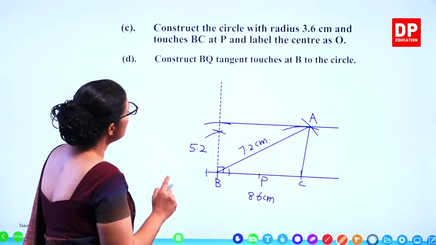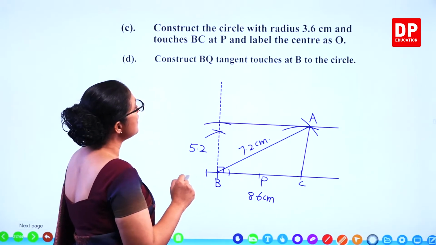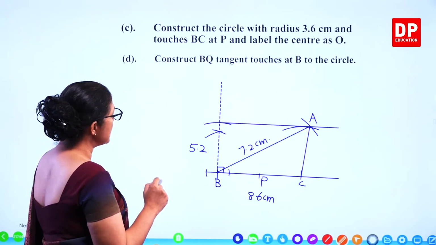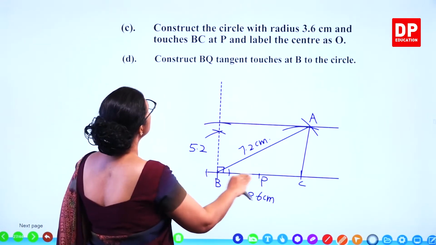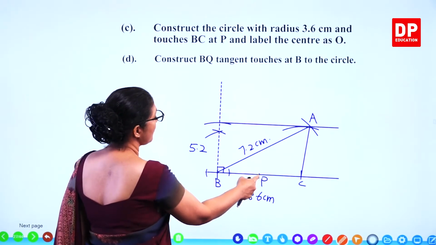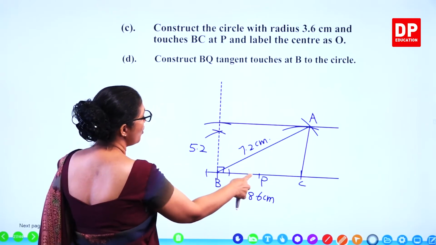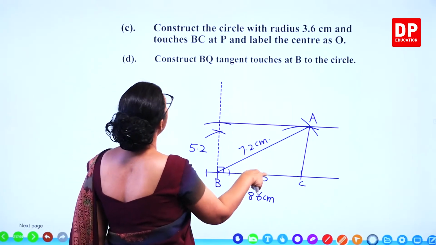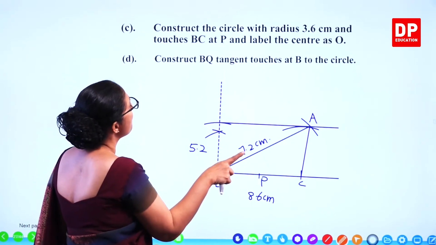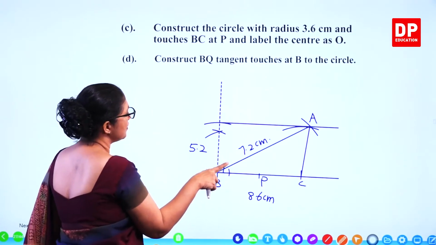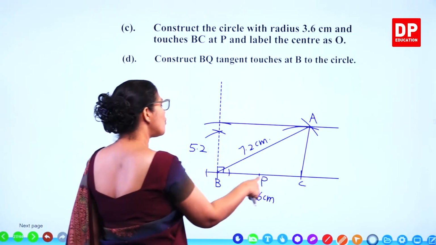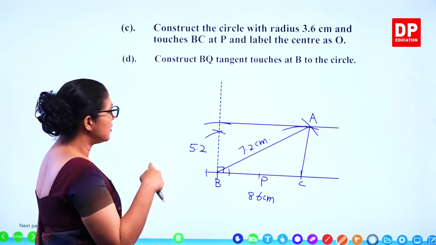Construct the circle with radius 3.6 centimeters and touches BC at P at this point, and label the center as O. So touches this one and radius is 3.6. How do you draw the circle?